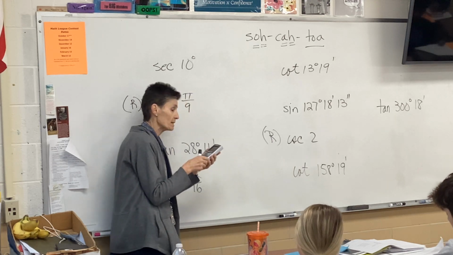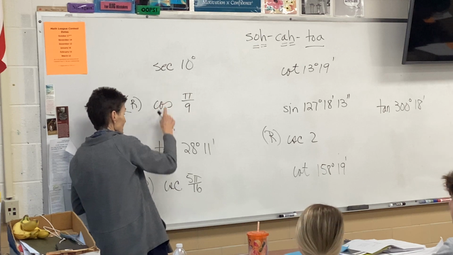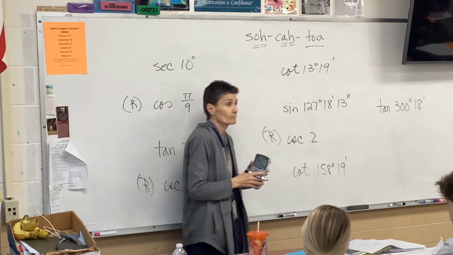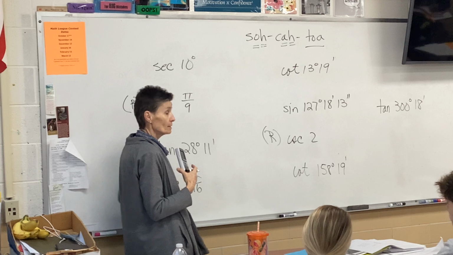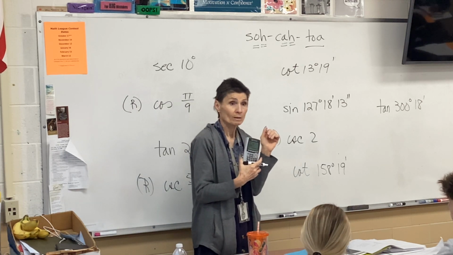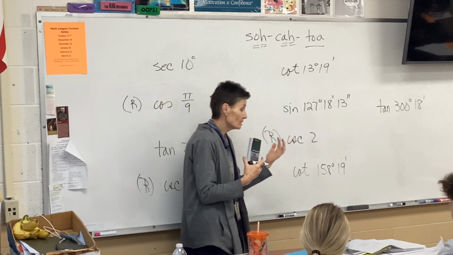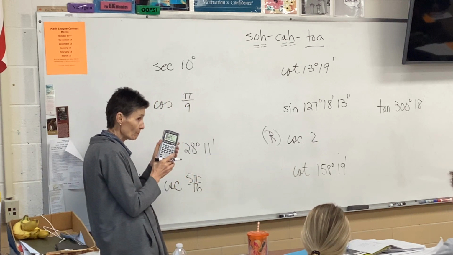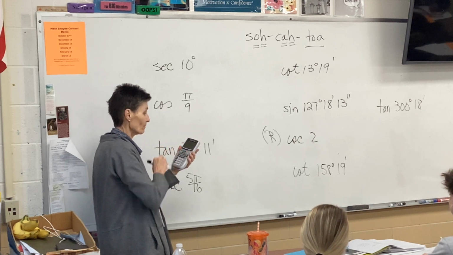Now we are in degree mode, which is exactly where we need to be if we're going to be typing these things in on our calculator. Now, when I go to do these ones that I marked with an R, I'll go back to mode and I'll change myself into radian mode. So I have to pay attention whether my angles are degrees or radians. And I'm going to do all the degree problems so that I don't have to be flip-flopping back and forth. All right, everybody in degrees?